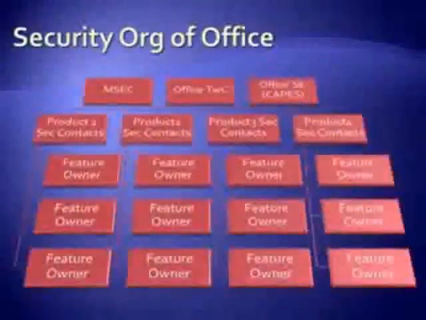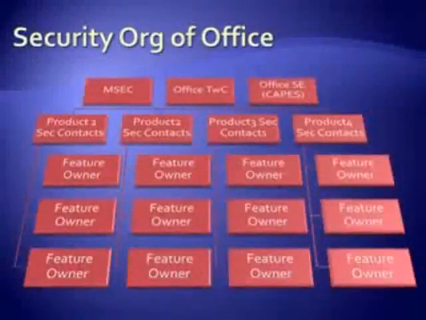So this is how we're organized. There's a few centralized security teams, like the MSec team that drives the overall security process for Microsoft. They work with an Office Trustworthy Computing team. The Office Trustworthy Computing team is the team that I work on, and we drive the SDL and the overall security goals and processes across all of the Office applications. We have security contacts on each of the product teams.